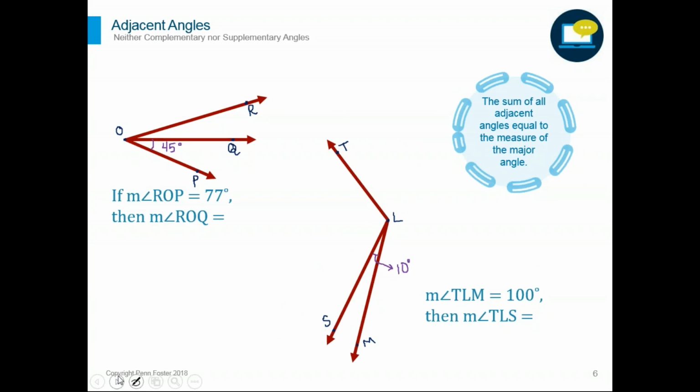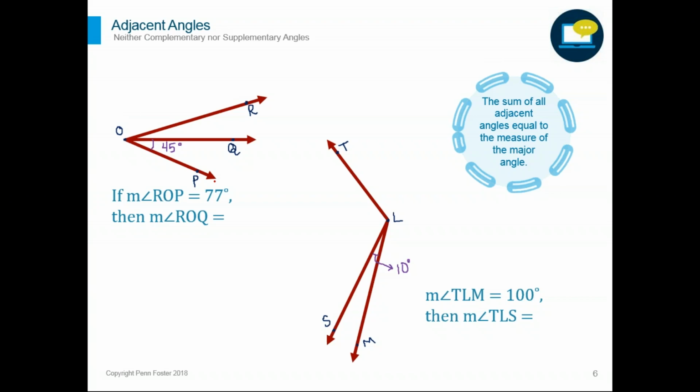Okay, next we have another kind of adjacent angles. If you look at these two examples, the angles ROP and TLM, both of them are neither right angles nor straight angles. So in this case, we are not able to say that ROQ and QOP are complementary or supplementary.